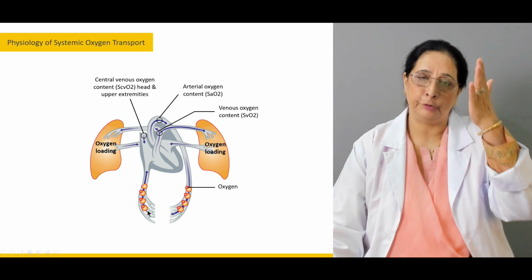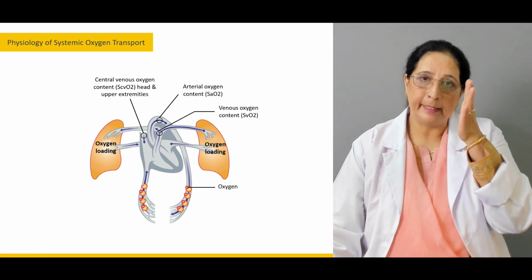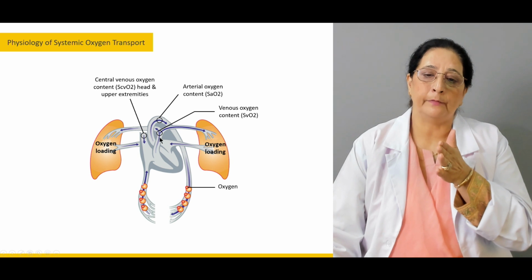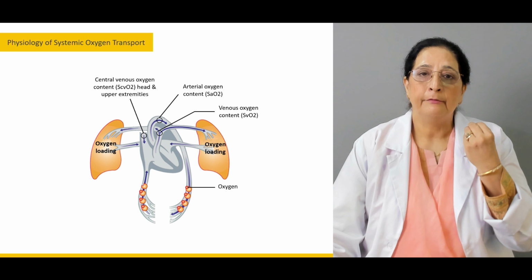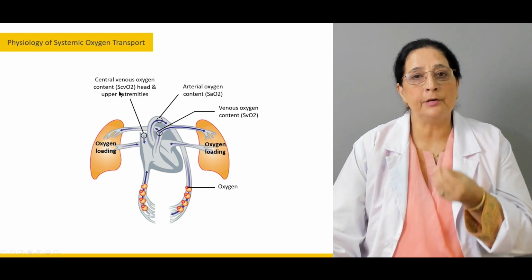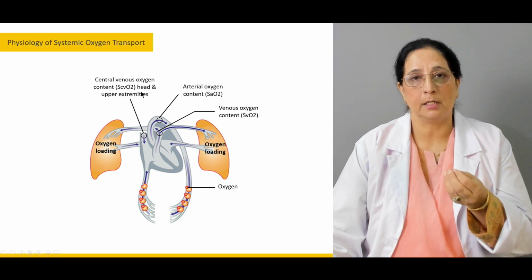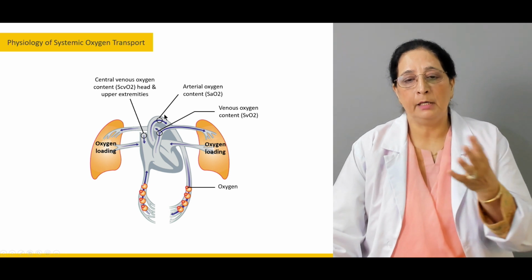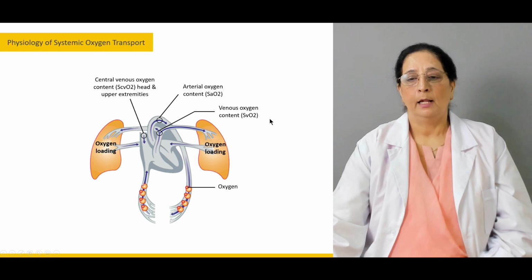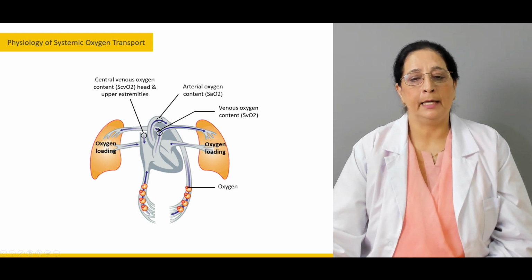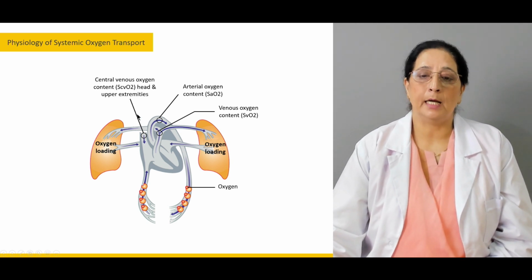So we have the superior vena cava bringing the blood from the upper part of the body, and this gives us the saturated venous oxygen, the central venous oxygen concentration. Then in the aorta we have arterial oxygen saturation, and then again this is the pulmonary artery.